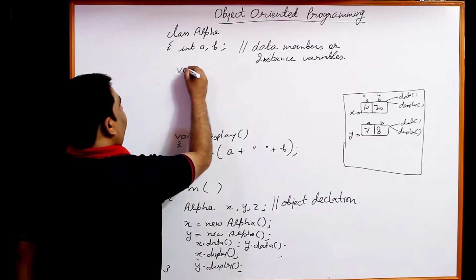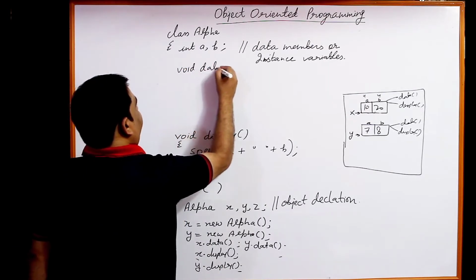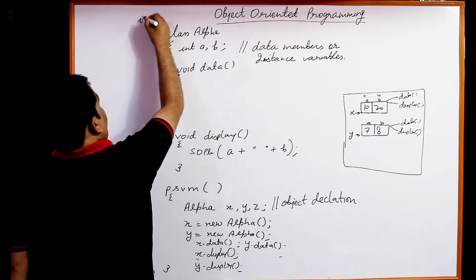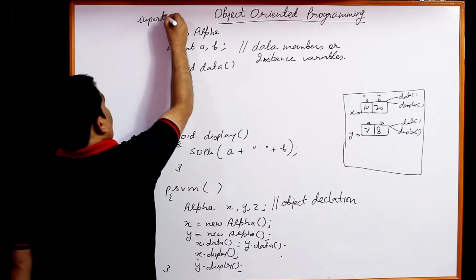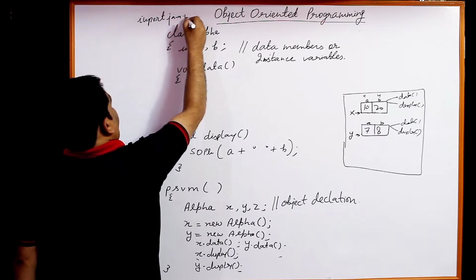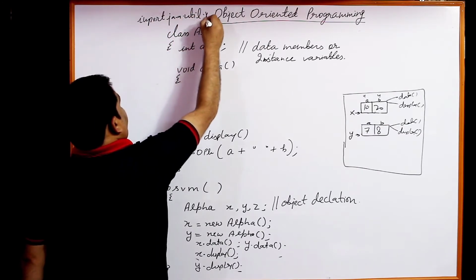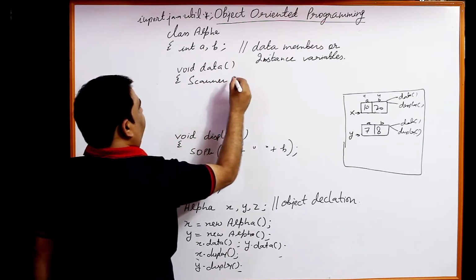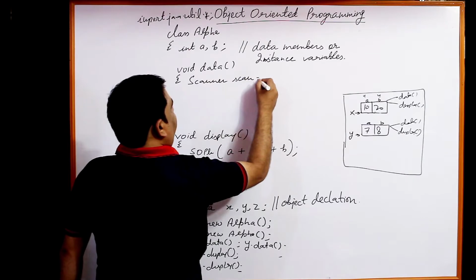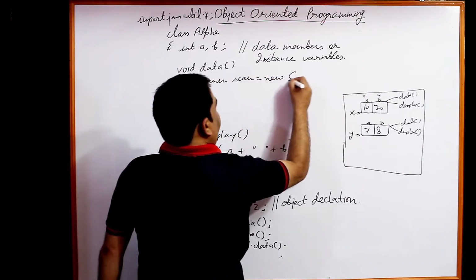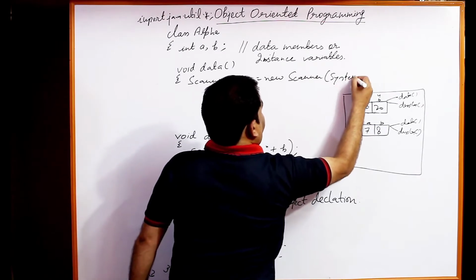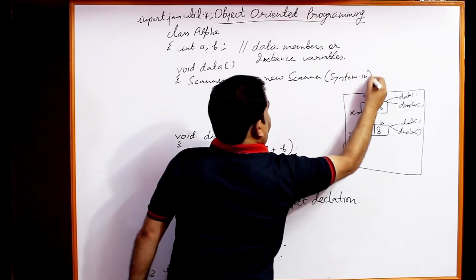In the data function, void data, import the package util, import java.util.star or scanner, create the object of scanner class, scanner object equal to new scanner system.in.